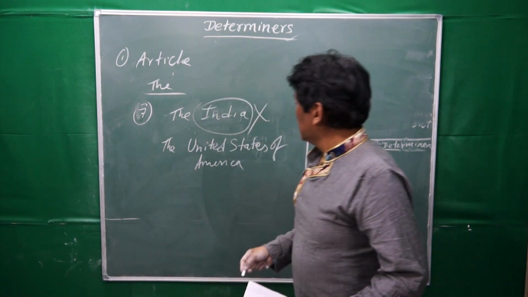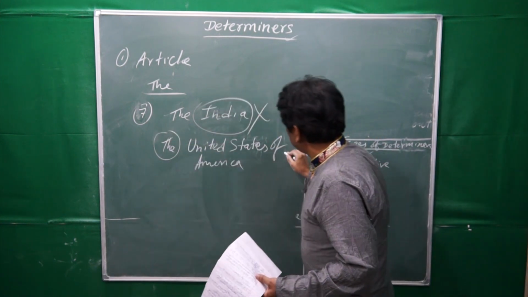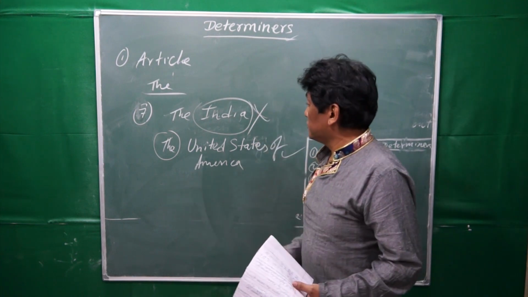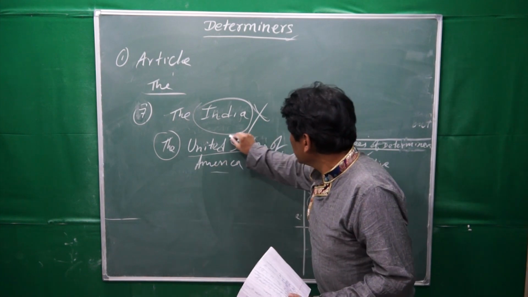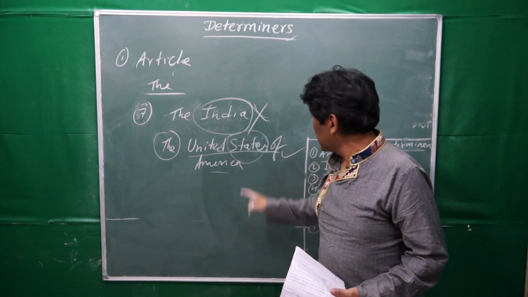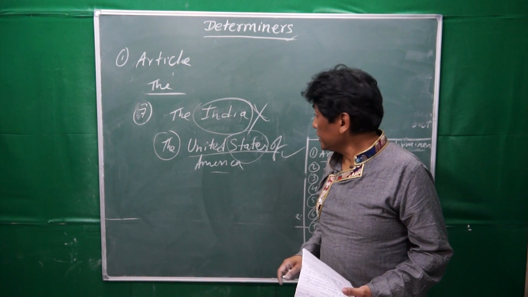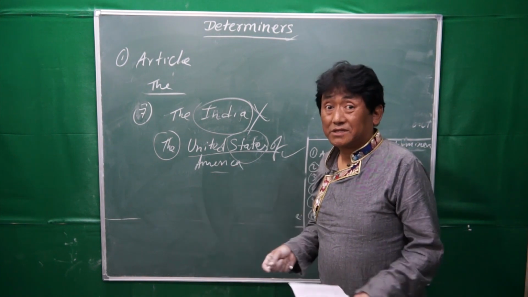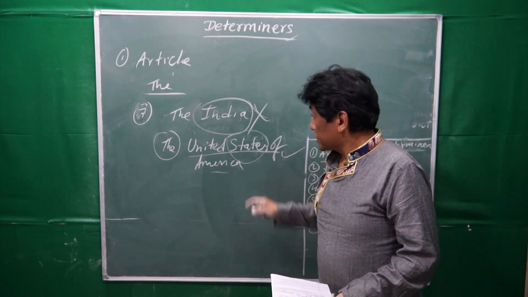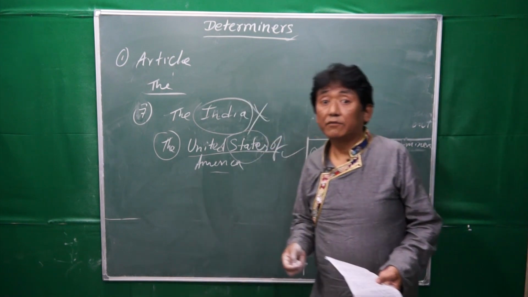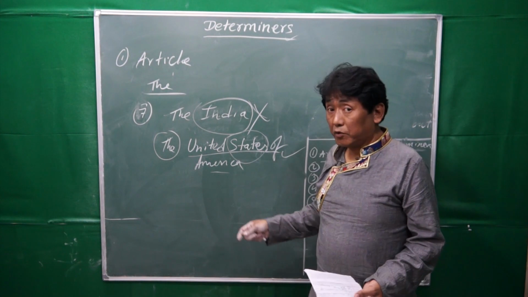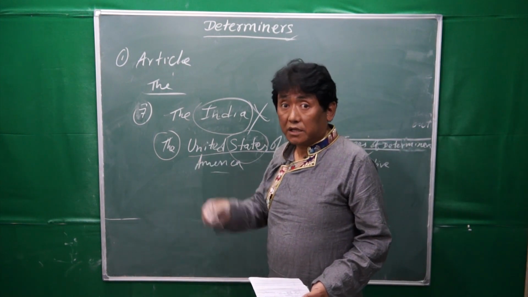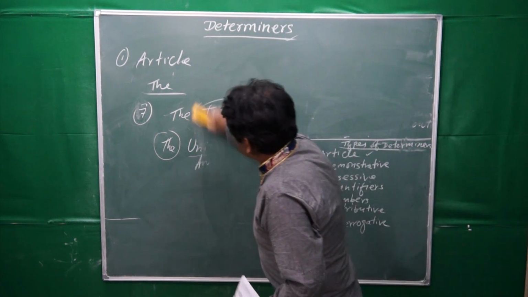I can write this here, but I cannot write "the India." Why? Because in this name, we have one common noun, that is States. United, of course, is an adjective. So if a name has a common noun, then we can write "the" in front of it. And in the same way, we can write the United Kingdom also. All right?